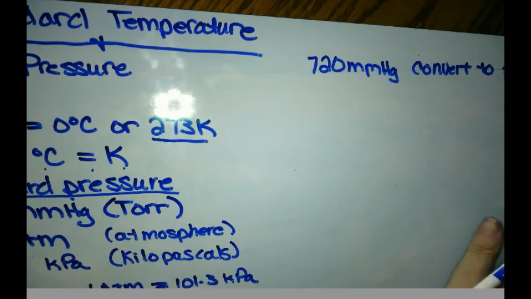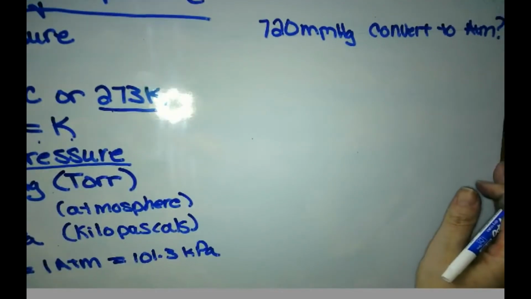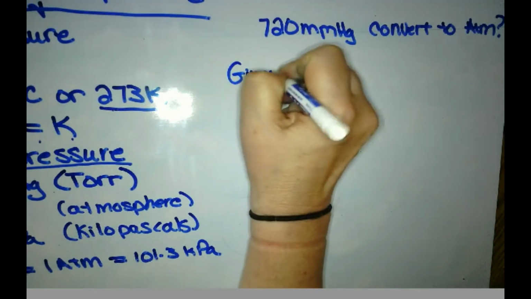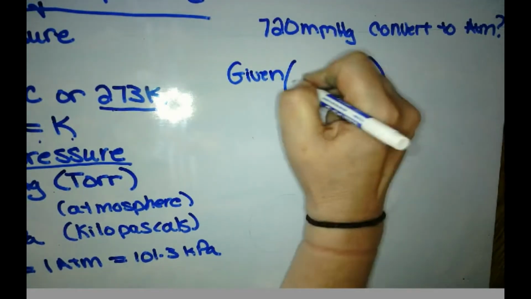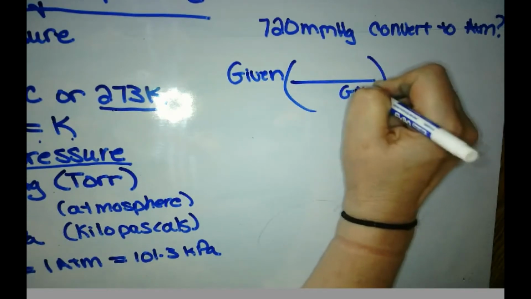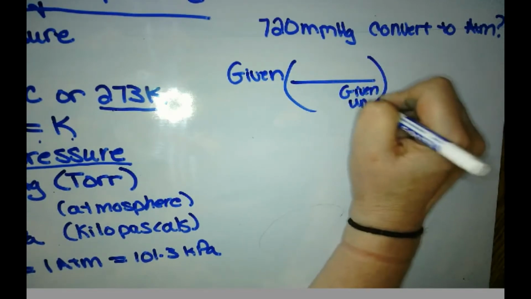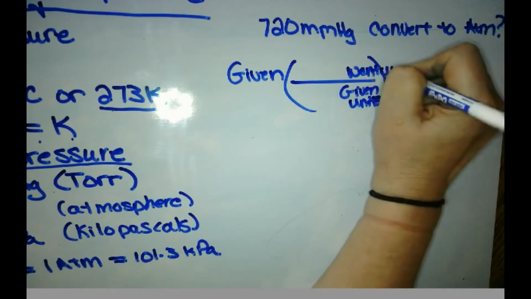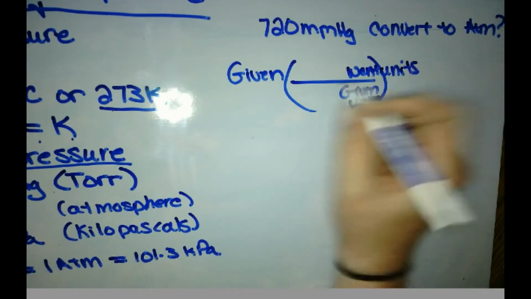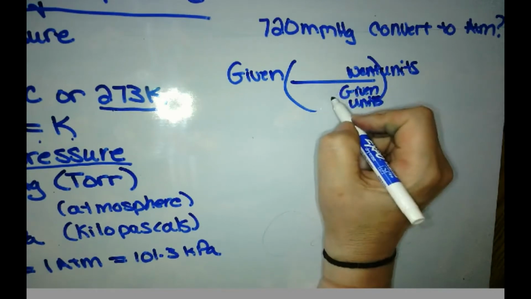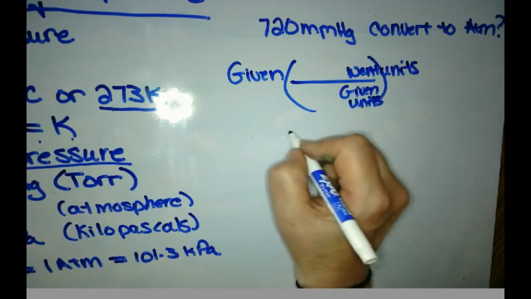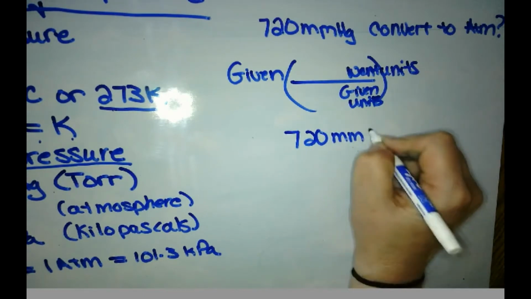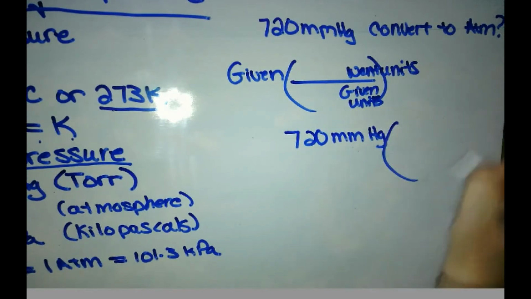Well, this is how we always do our math. Remember, we write down my given and then whoop, whoop, given units to wanted units. And then we just put in what is a true statement, okay? So we have 720 millimeters of mercury, and I need to convert it.